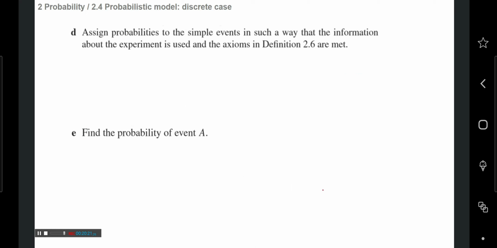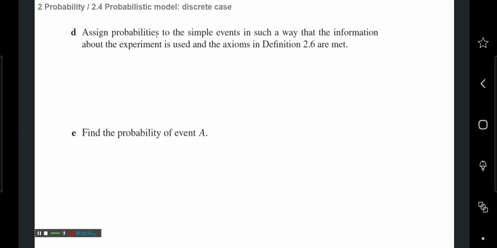For problem D, assign probabilities to the simple events in such a way that the information about the experiment is used and the axioms in definition 2.6 are met. We want to assign probabilities so that those axioms hold.